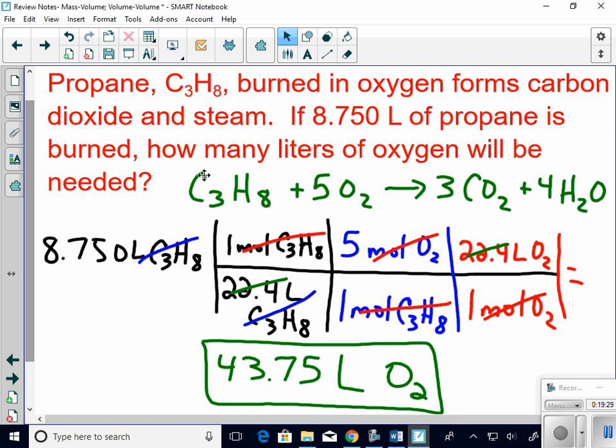That's how much oxygen I need in order to produce the carbon dioxide and to produce the water. So those values would give me a 100% reaction of the 8.750 liters.